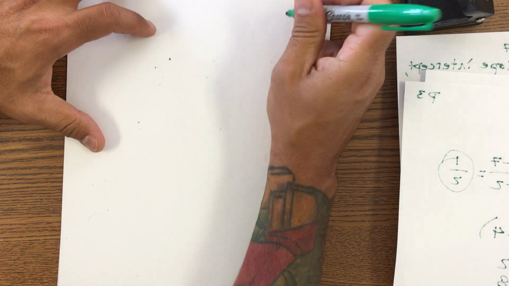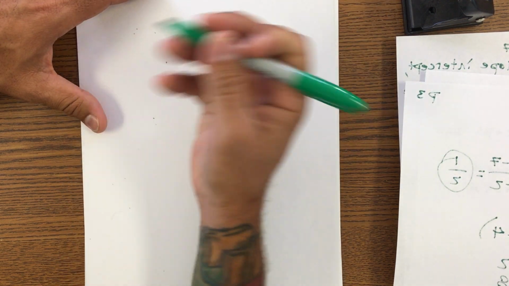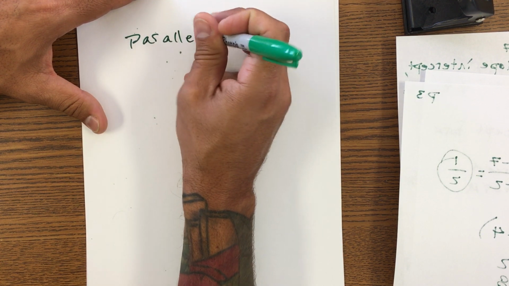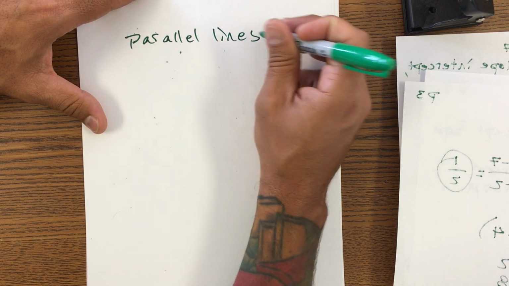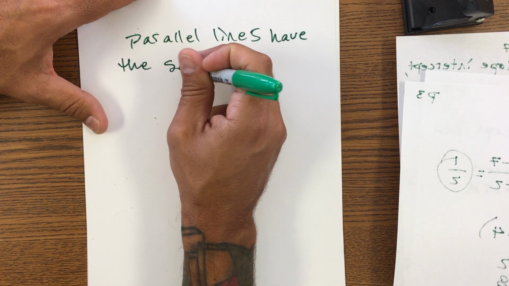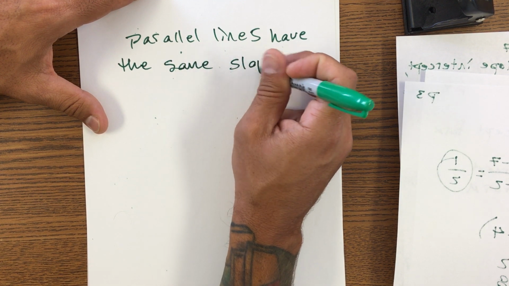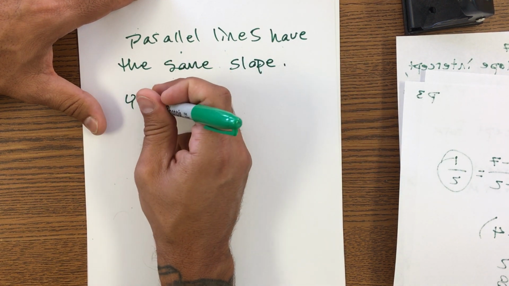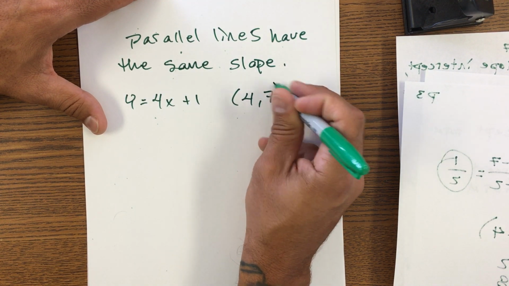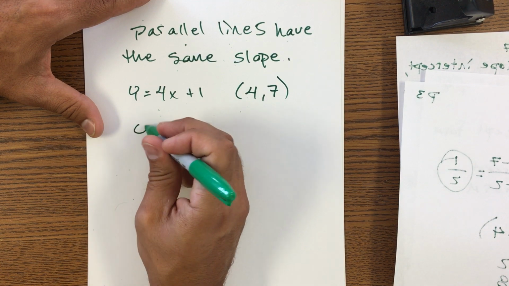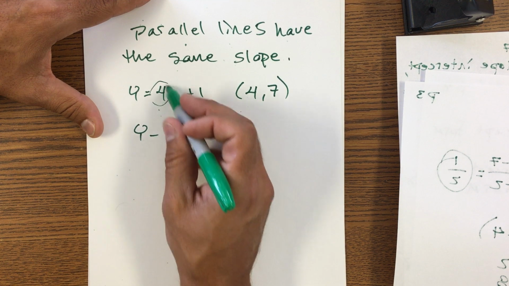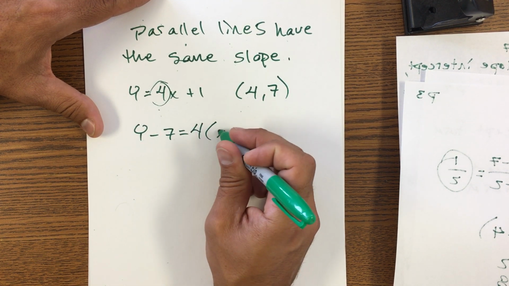Other things that I'll have you do is I'll have you know stuff about parallel lines. Parallel lines have the same slope. So if they tell me it's parallel to this line and goes through this point, I'm going to use point slope form. So y minus my y equals, it's parallel, so it has the same slope. So 4x minus 4.